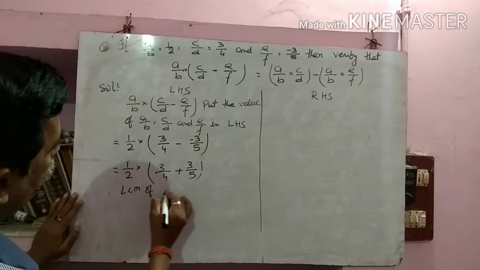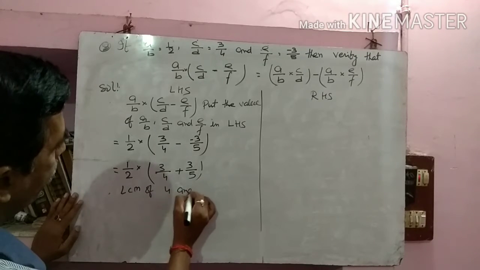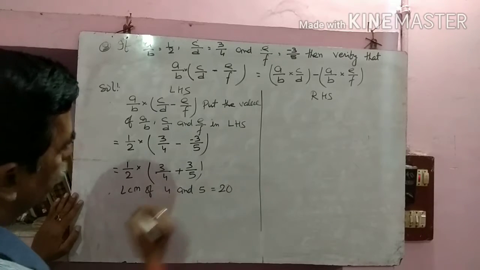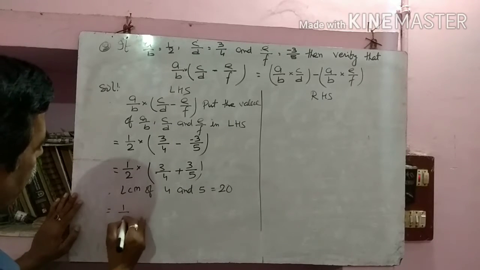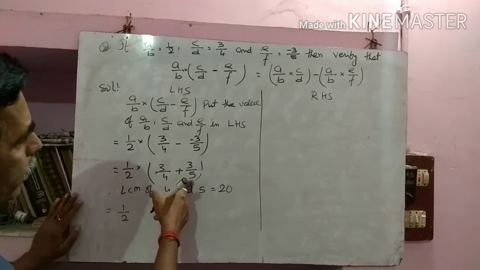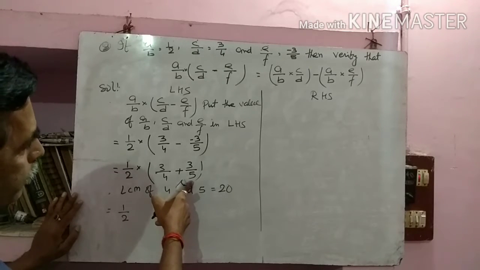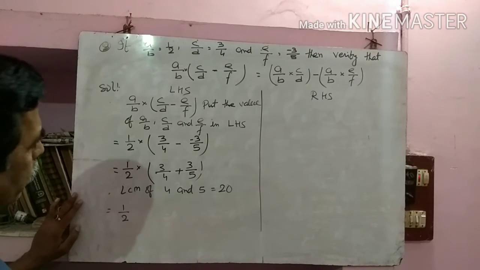These two have different denominators, that's why you have to find the LCM. The LCM of 4 and 5 is equal to 20.